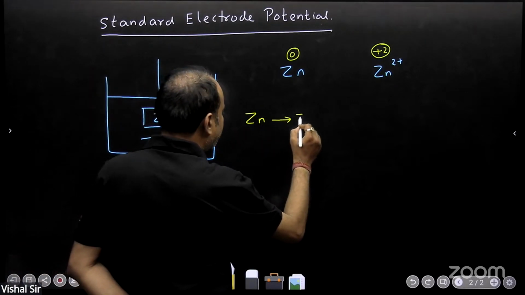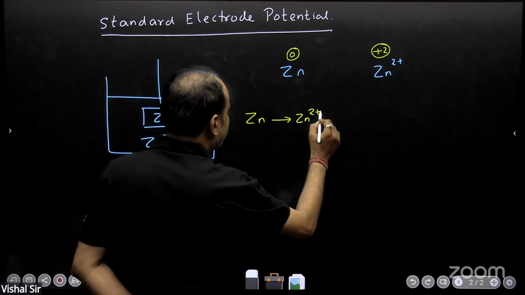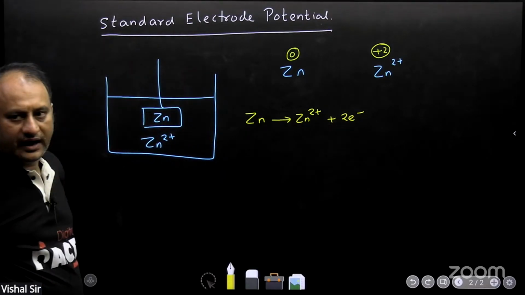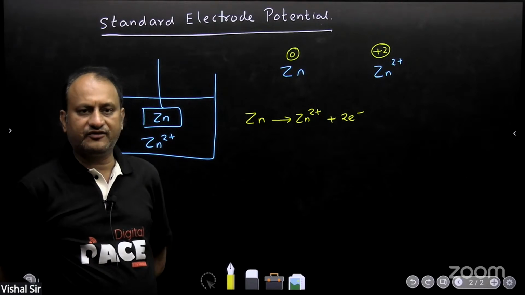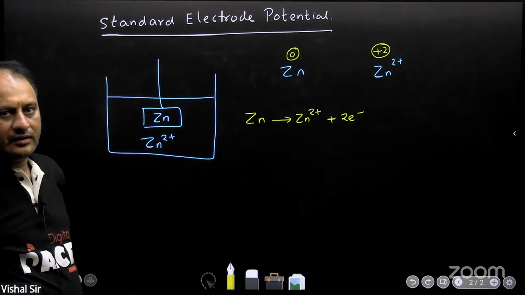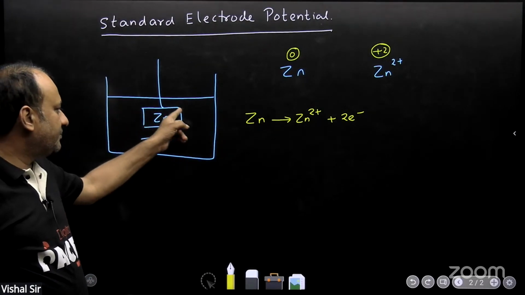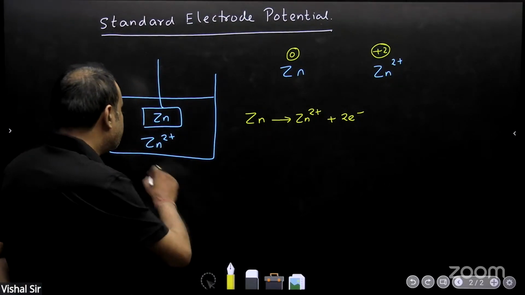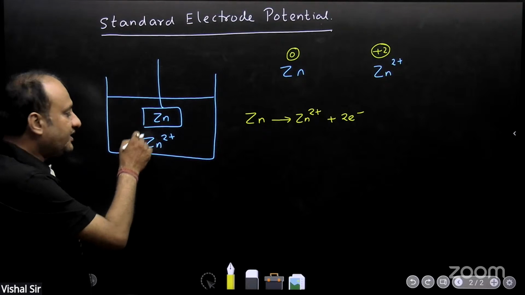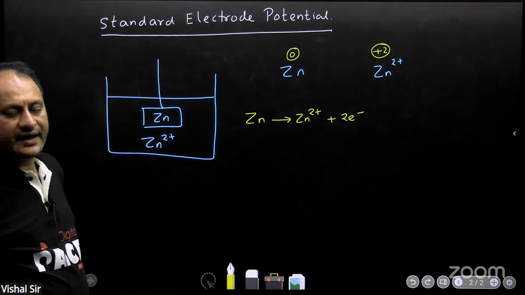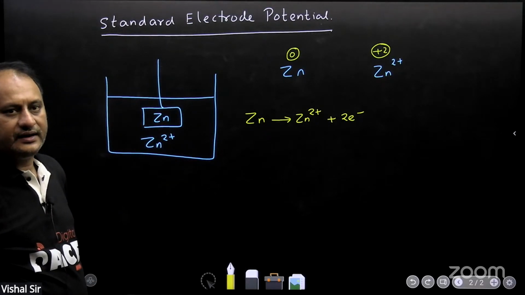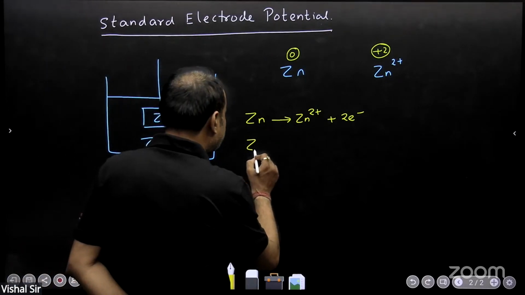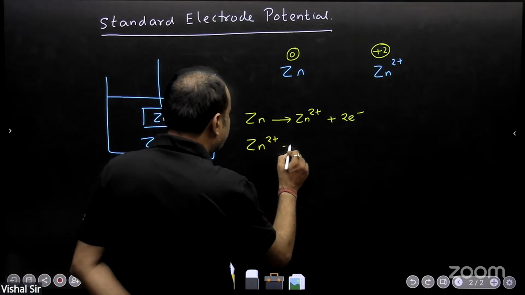Zinc atoms will have a tendency to get converted to zinc ions, which go into the solution, and the electrons are left on the plate. This is one thing which will be happening at this interface. Second, zinc ions in the solution will have a tendency to take electrons from the plate and get converted to zinc atoms. This reaction or tendency will also be there.